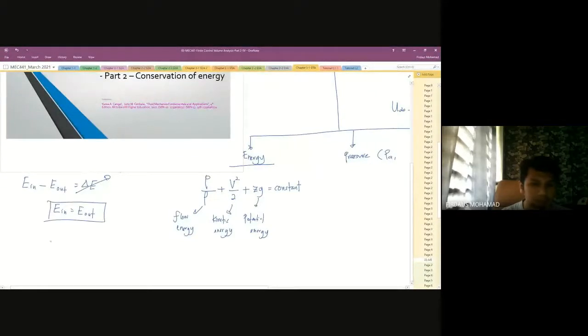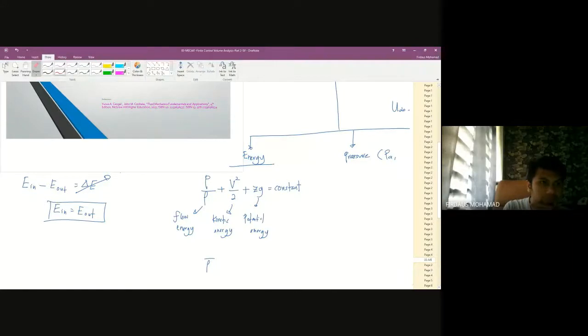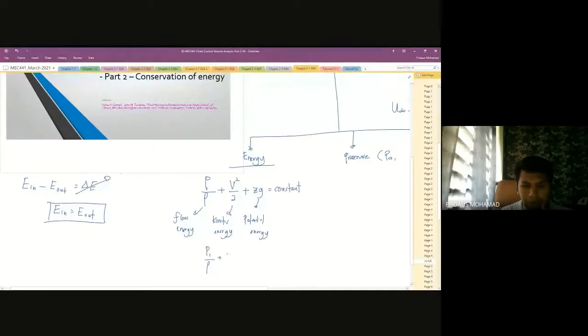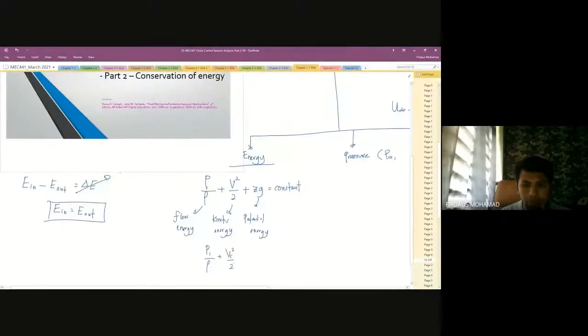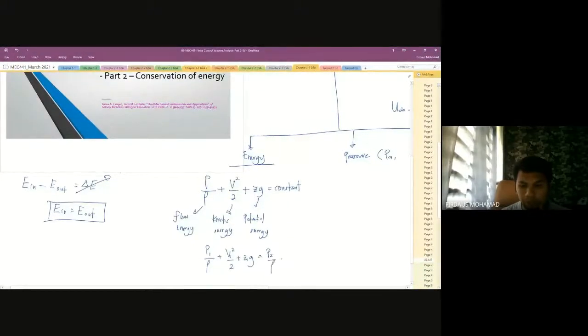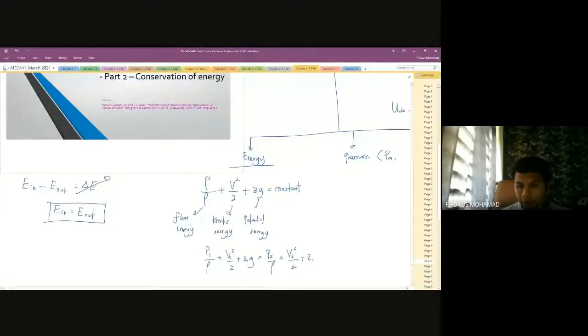Okay, so for this case, P1, pressure at point 1 over rho tambah dengan V1 squared over 2, velocity at point 1, and then elevation Z1 g equal to P2, pressure at point 2 over rho, plus V2 squared over 2, velocity at point 2, and then elevation at point 2.